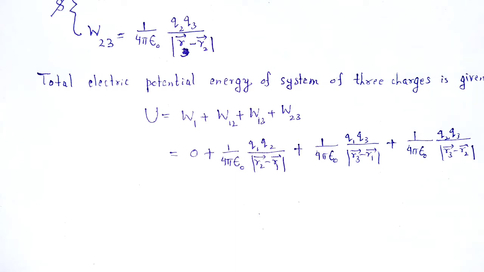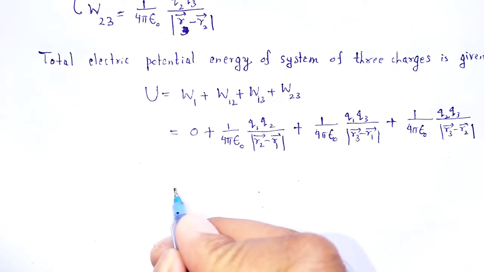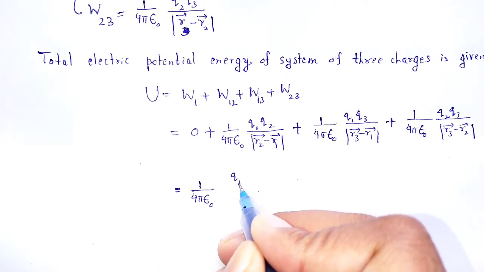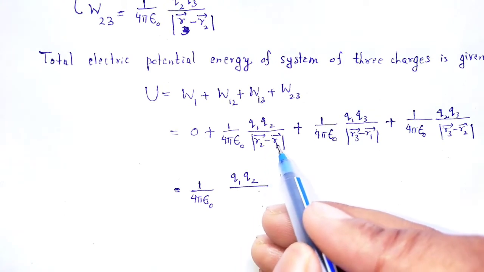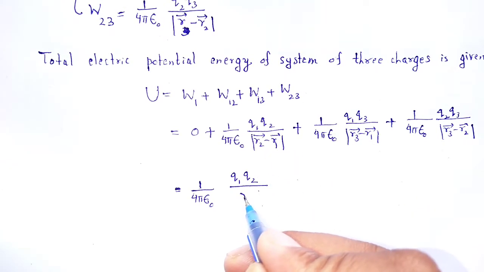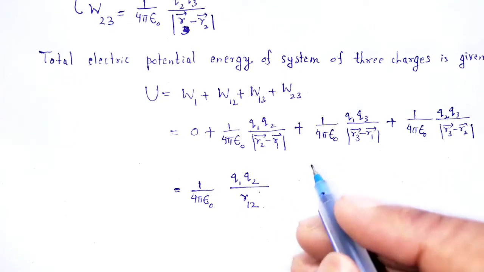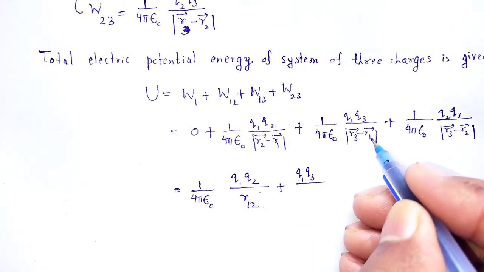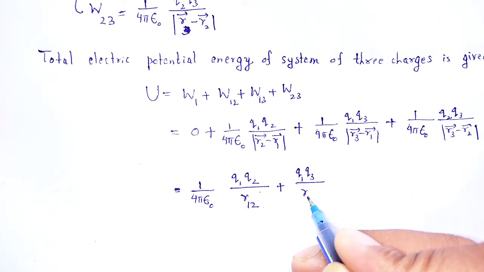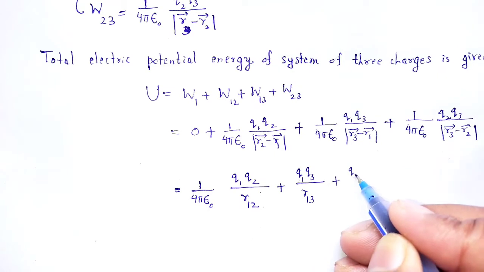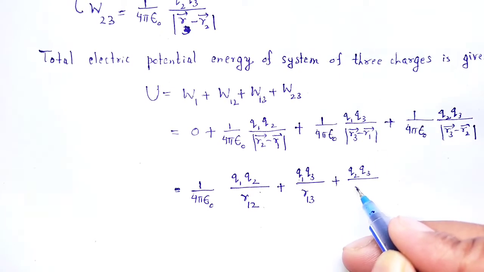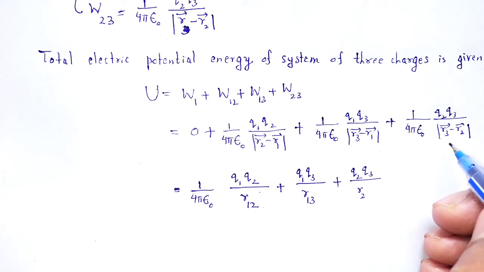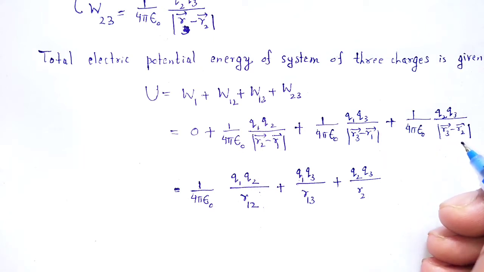Here we take 1 by 4 pi epsilon naught as common: q1 q2 divided by the magnitude of r2 vector minus r1 vector, written as r12, plus q1 q3 divided by the magnitude of r3 vector minus r1 vector, written as r13, plus q2 q3 divided by the magnitude of r3 minus r2, that is r23.